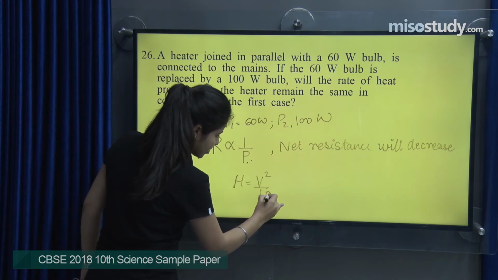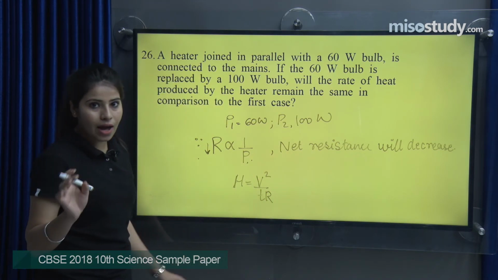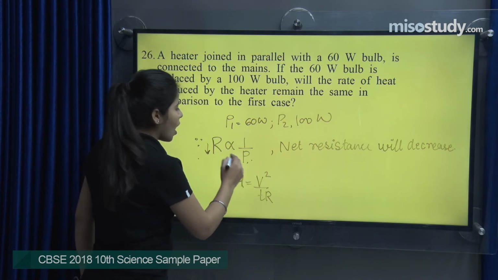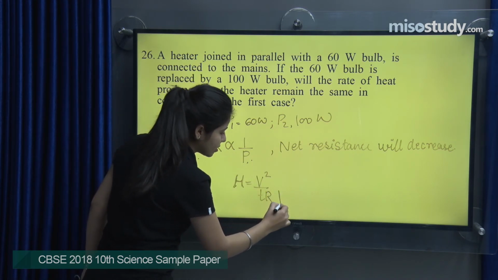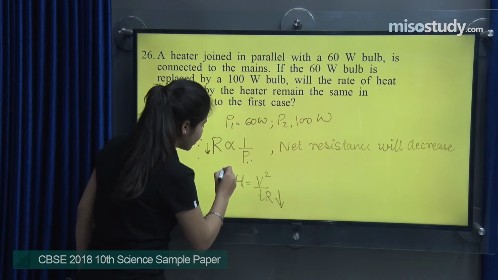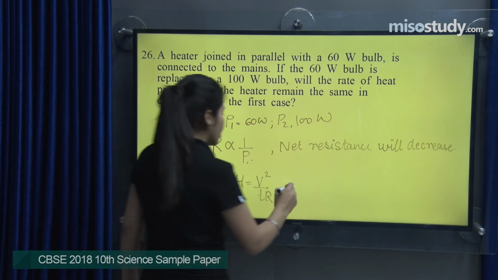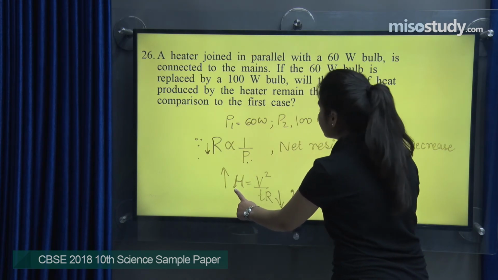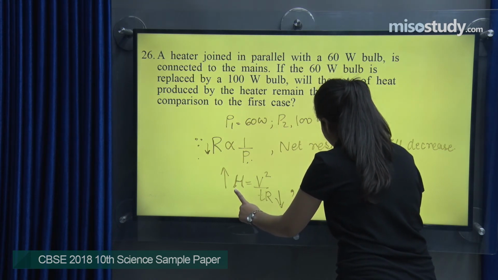So our formula is H equals V squared T by R. We have to compare between them. Net R has been decreased. So what do we mean by heat? Heat will increase. If the net resistance is decreasing, our heat, that means energy, will be increasing.